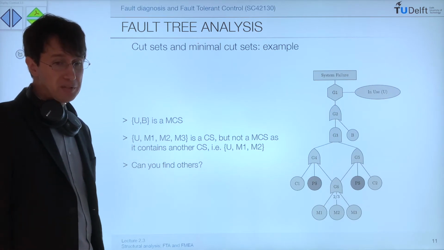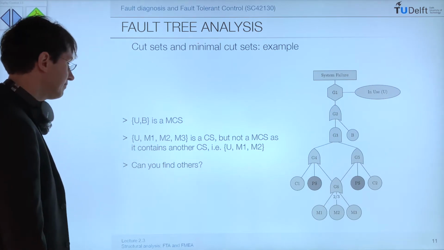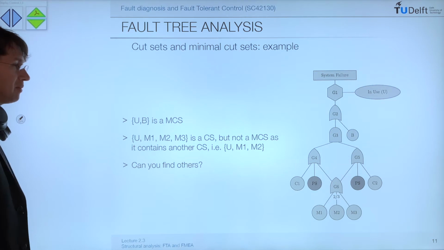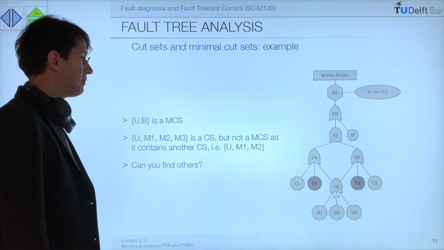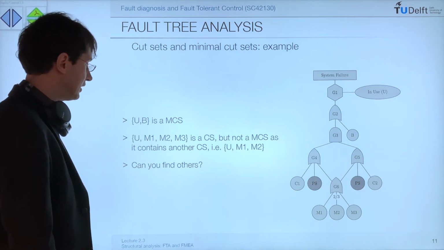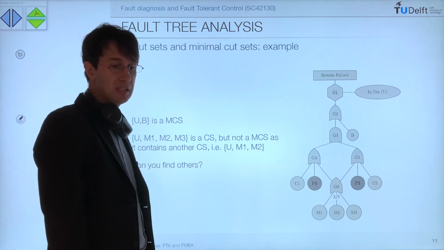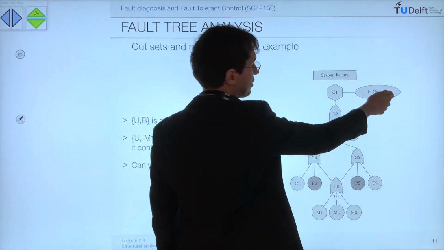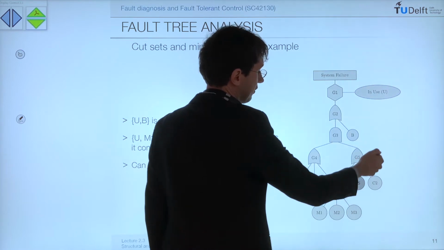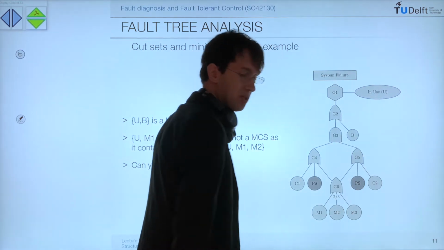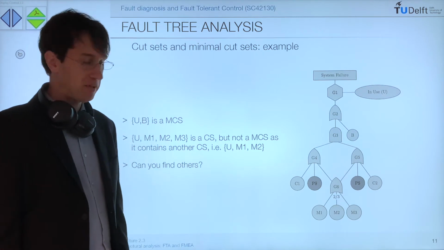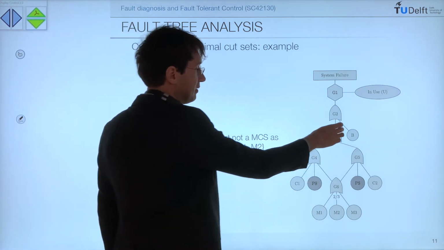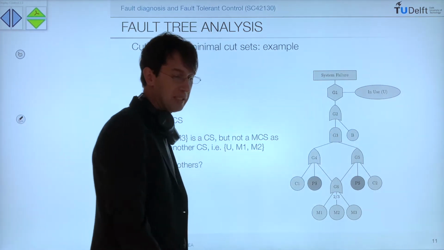So we can go back to the example for the computer and look for minimal cut sets. A minimal cut set, in this case, is comprised by, well, the main switch of the computer, so if you're using it or not, and the bus. So sorry, we didn't talk about the bus previously, but also the bus, you see, is a critical component here.